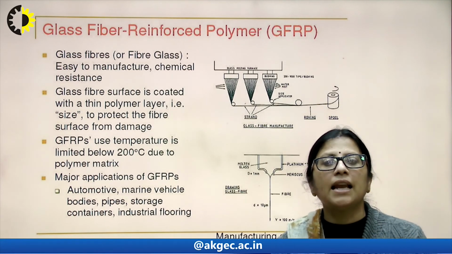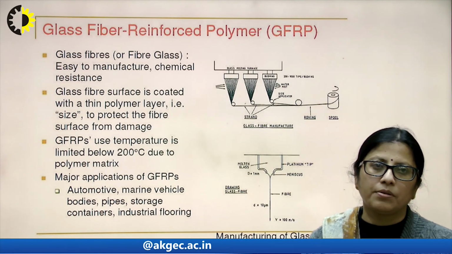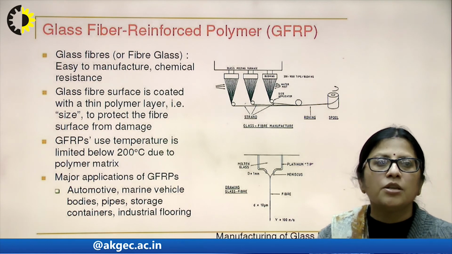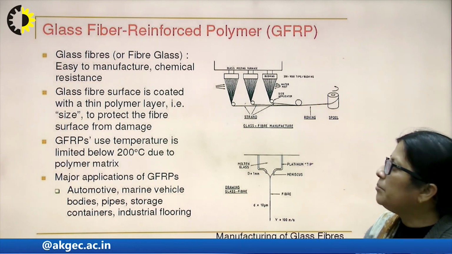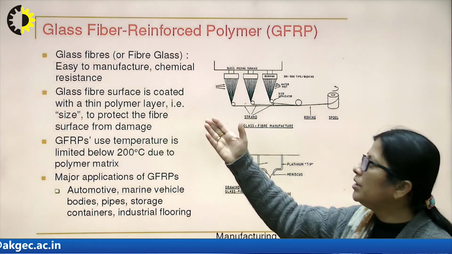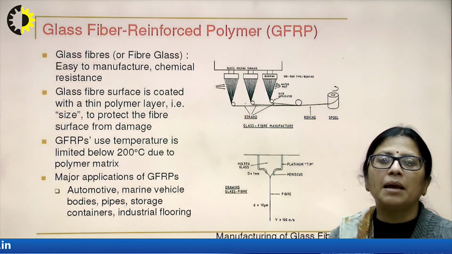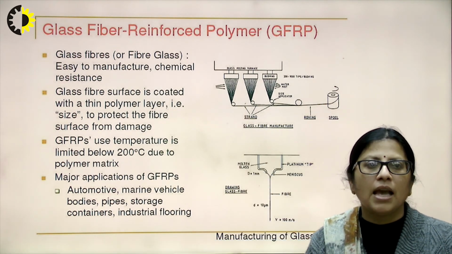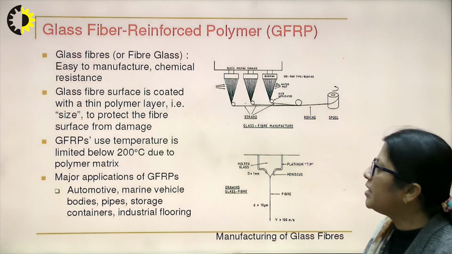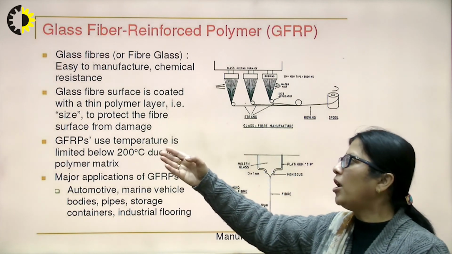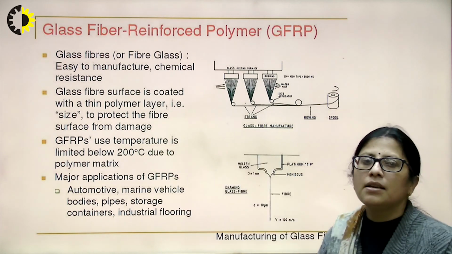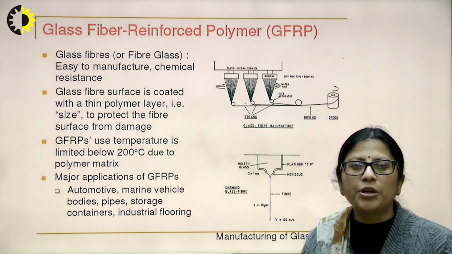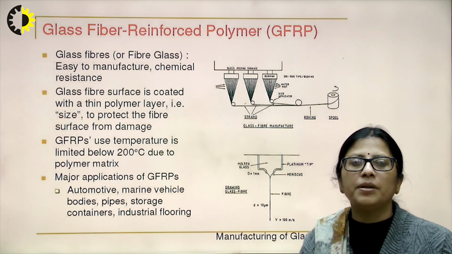Next is the glass fiber reinforced polymer composites. Here the glass fiber is easy to manufacture and it shows good chemical resistance. The glass fiber surface is coated with a thin polymer layer, that is, a size, to protect the fiber surface from damage.